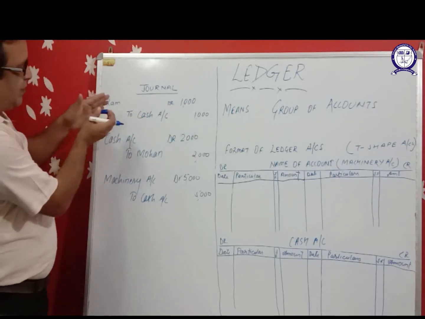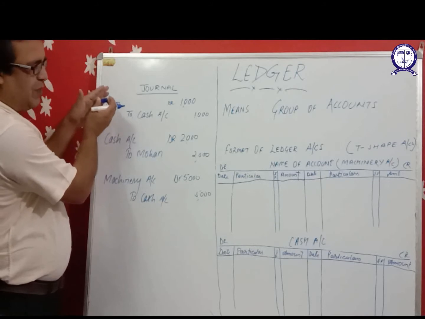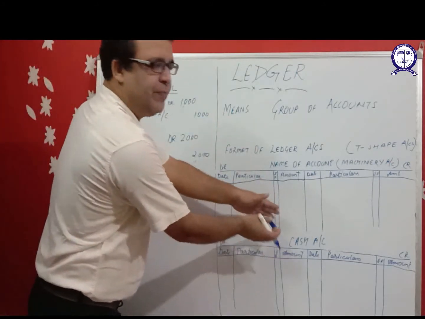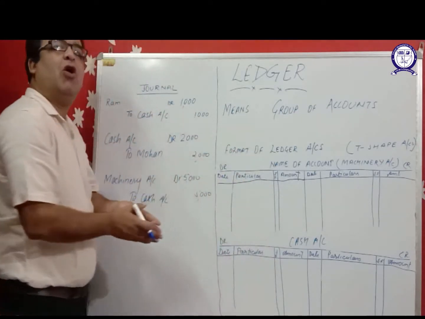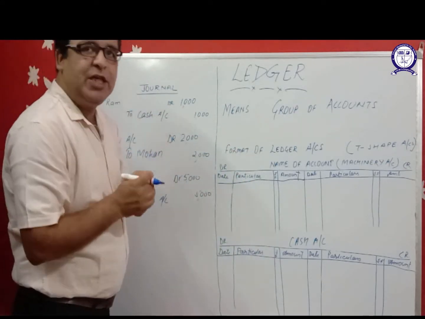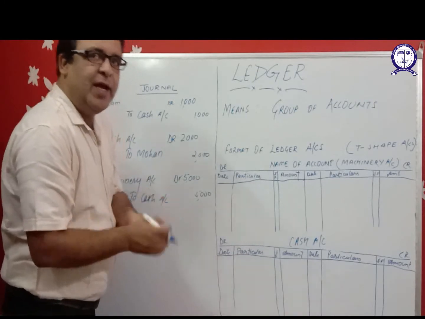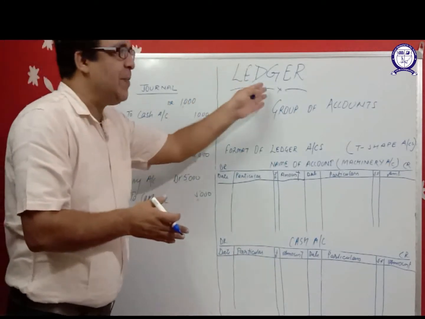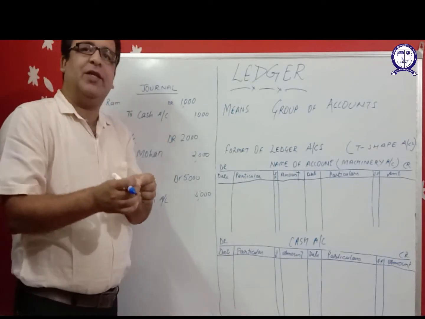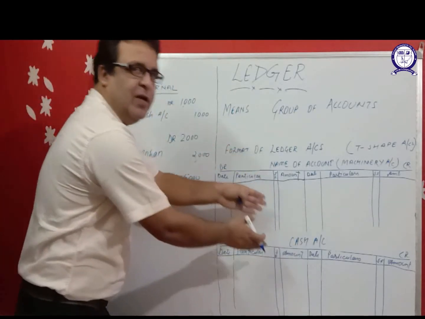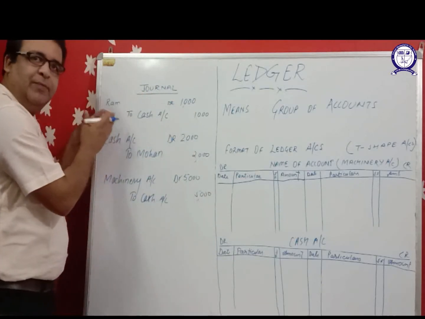When we transfer from the journal to ledger, this process is called posting. Actually, in this chapter, we have to learn how to post the entries in ledger with the help of journal.